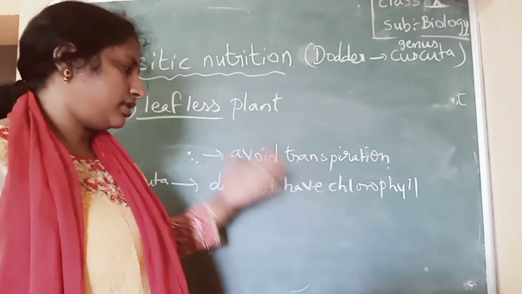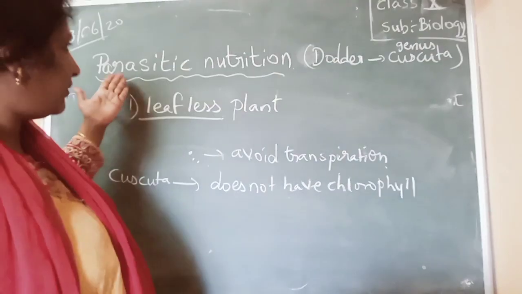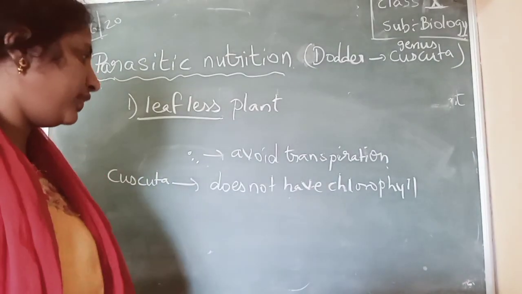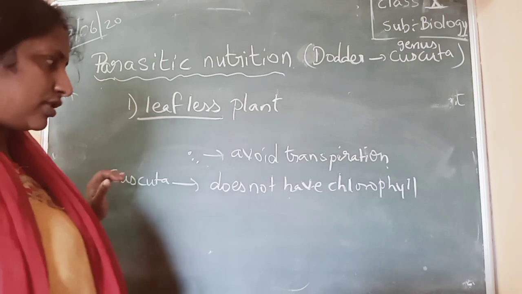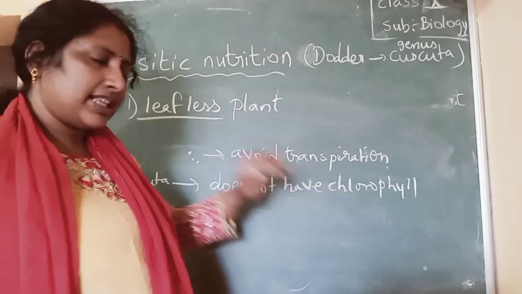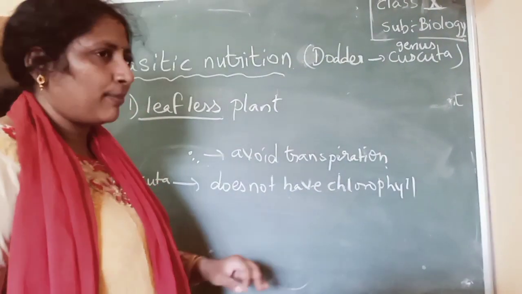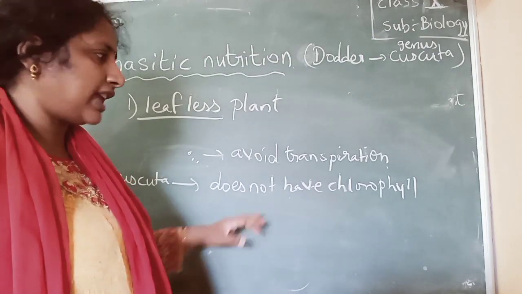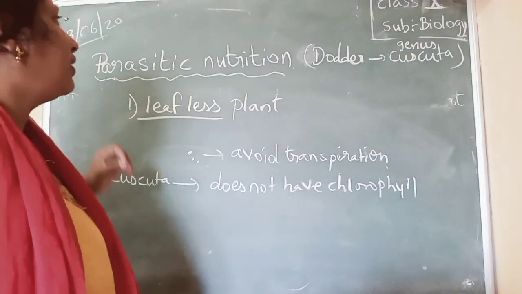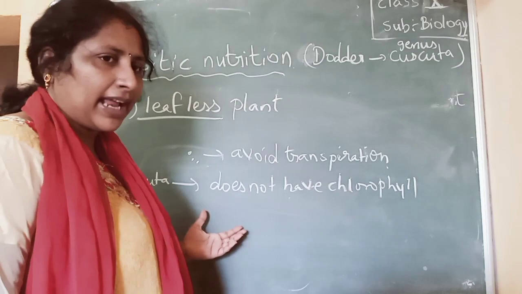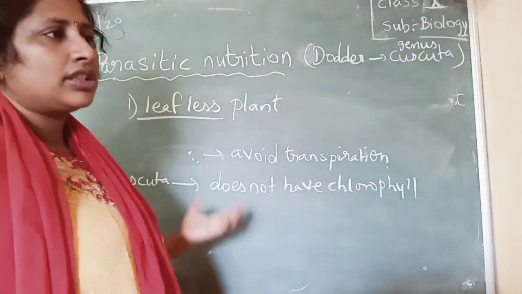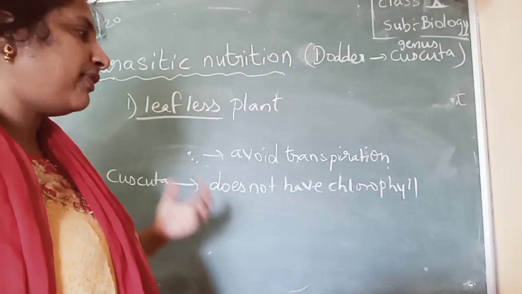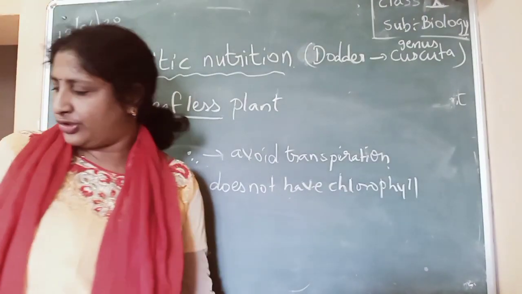So these plants follow the parasitic mode of nutrition. Cuscuta does not have leaves, and even the stem or any other part does not have chlorophyll. So the Cuscuta plant cannot prepare its own food. How does it get food? By following parasitic nutrition.